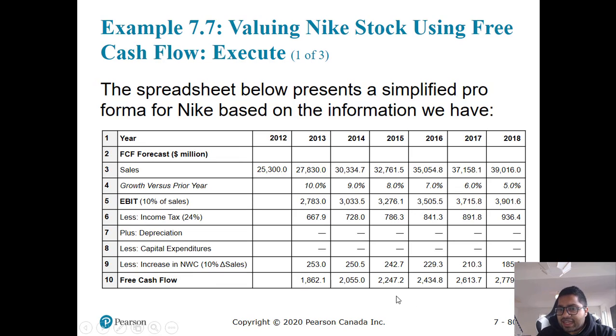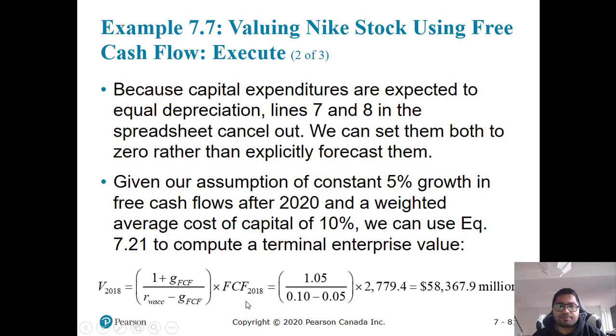Once you have free cash flows, then you can find value of the firm. The growth rate is different till 2018, but growth rate after that is 5%. So you can find a terminal value of the firm here and then discount it back to today's terms, then discount each of these cash flows to today's terms so that you get a total value, and then you add them up. Because capital expenditures are expected to equal depreciation, lines 7 and 8 in the spreadsheet cancel out.